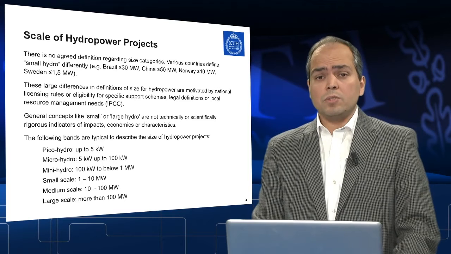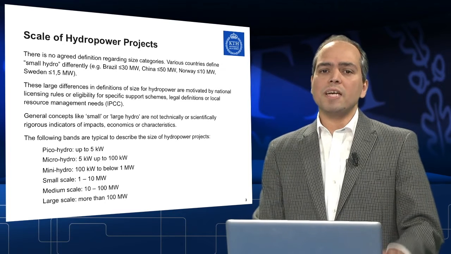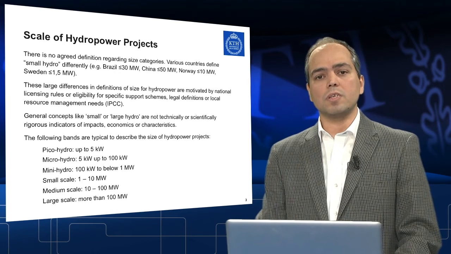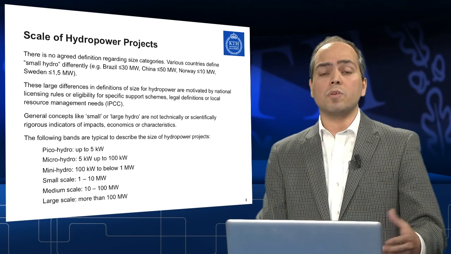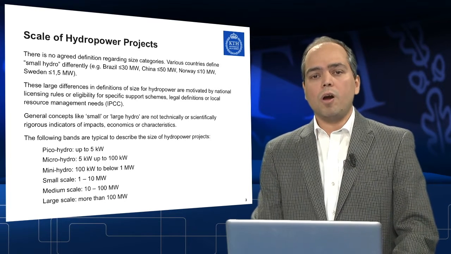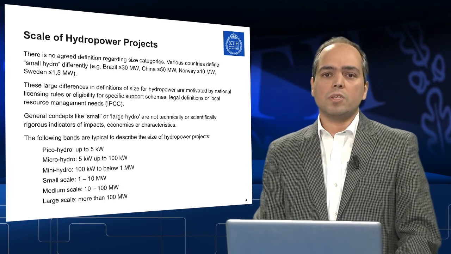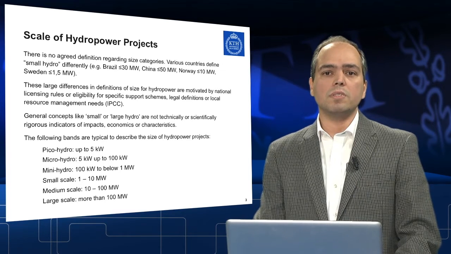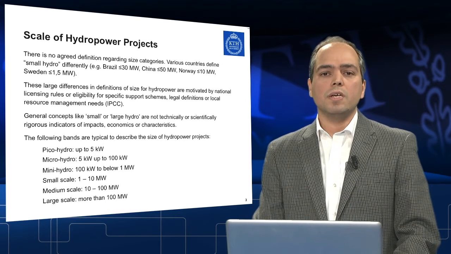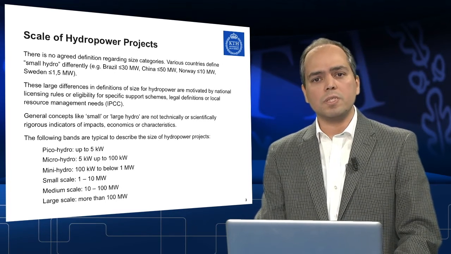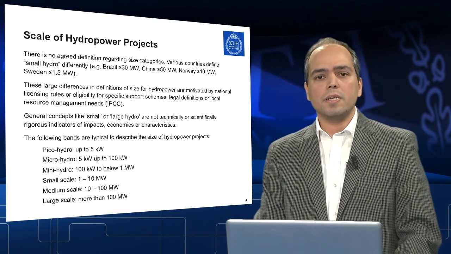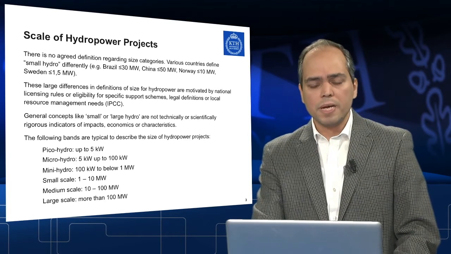What is important to keep in mind is that there is in fact no direct link between the scale and size of hydropower plants and their environmental and social aspects. For example, a large-scale 1,000 megawatt power plant in a remote river basin might have fewer impacts in comparison with a 200 megawatt power plant in another river basin.